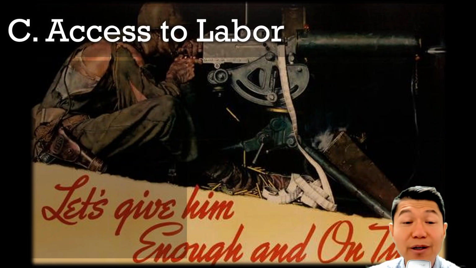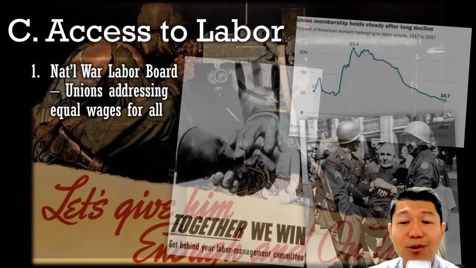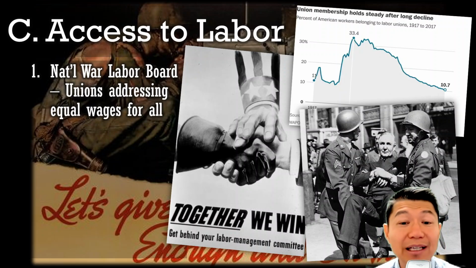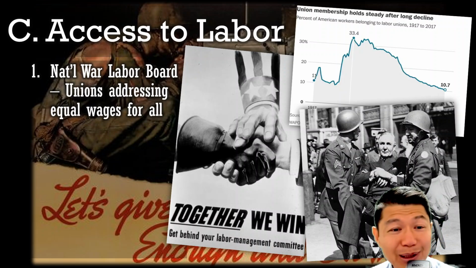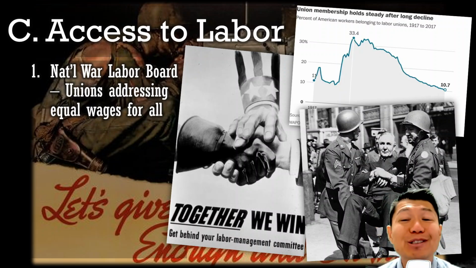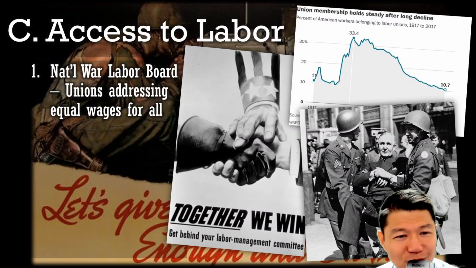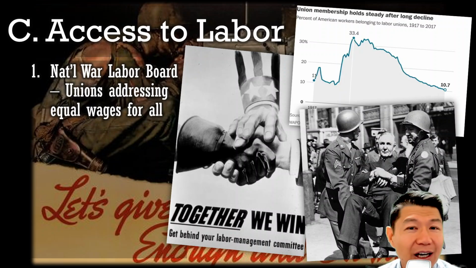And there's also greater access to labor, and people are now gaining more jobs in wartime industries than ever before. And for the first time in American history, the United States government is actually favoring labor. The National War Labor Board was created so that unions would get a chance to bargain, as a means for the government to prevent major strikes from occurring in a time of war.